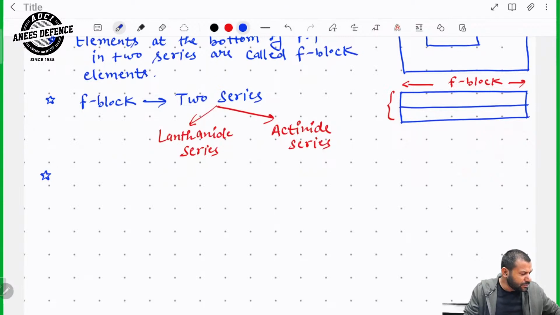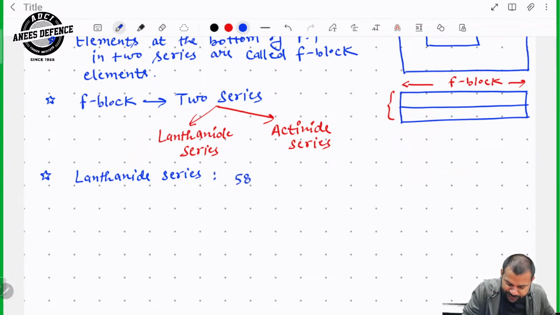Lanthanide series starts from atomic number 58, that is Ce, and it goes to atomic number 71. This is lanthanide series.